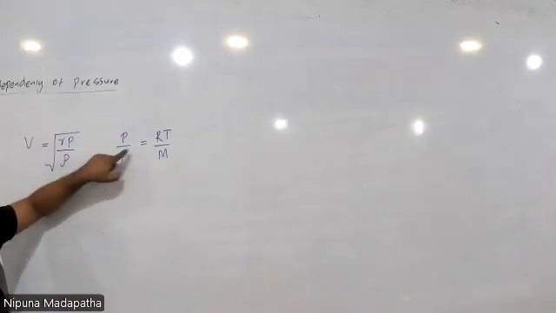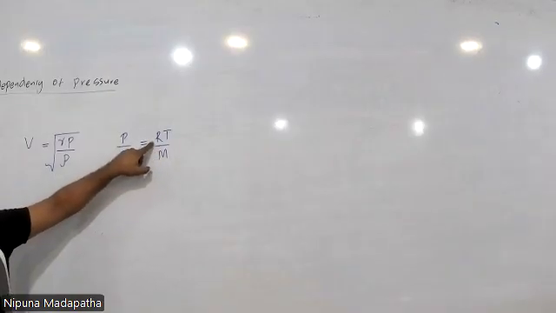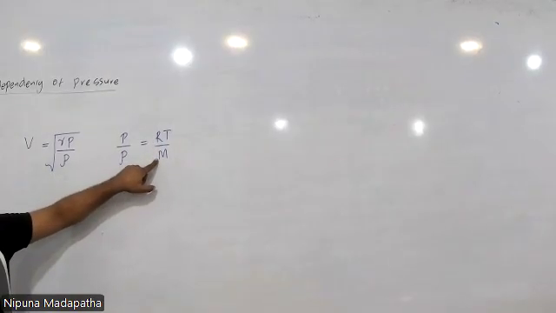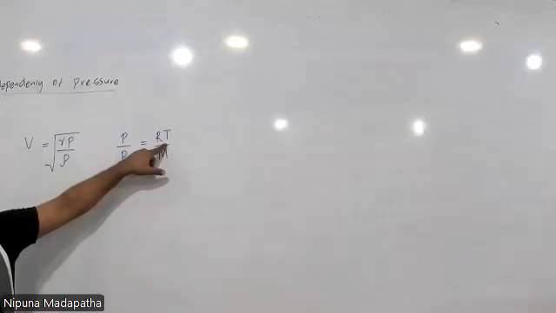So R and M are constant, right? R is a universal constant. M is constant for a given gas.